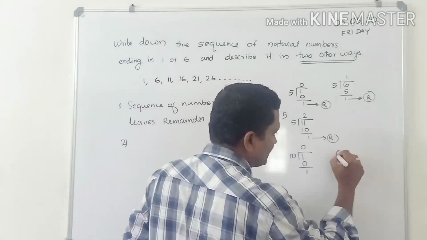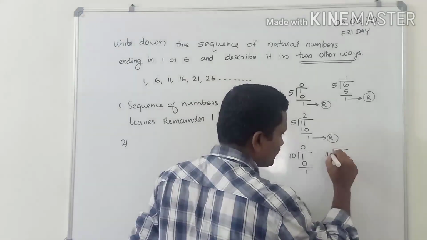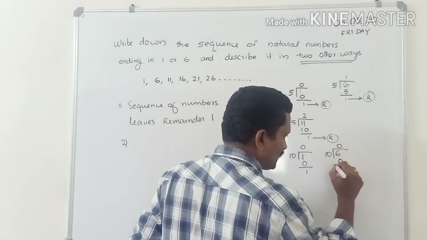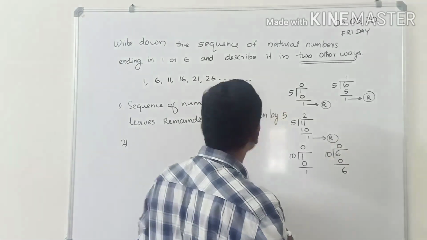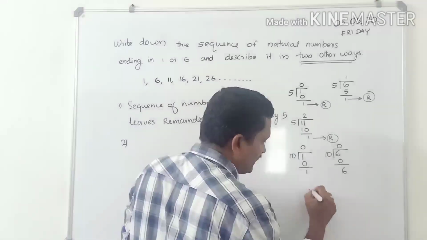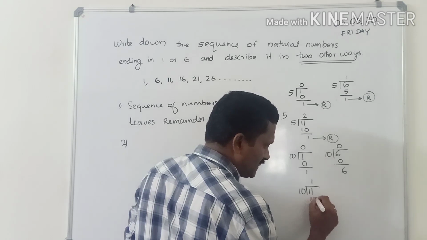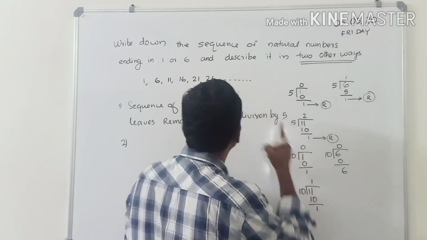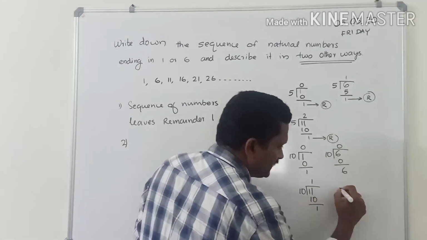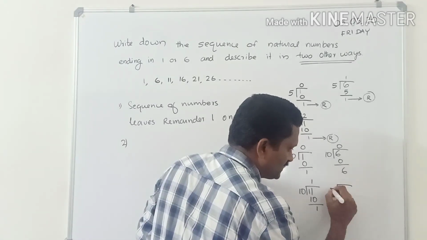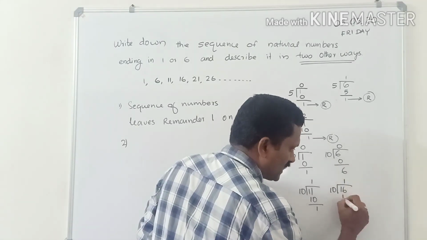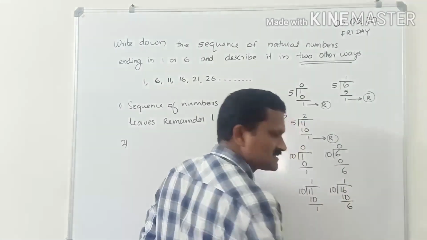Second number 6 divided by 10, again quotient 0, remainder 6. Third number 11 divided by 10, quotient 1, remainder 1. Next number 16 divided by 10, quotient 1, remainder 6.